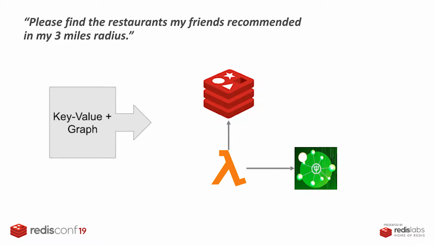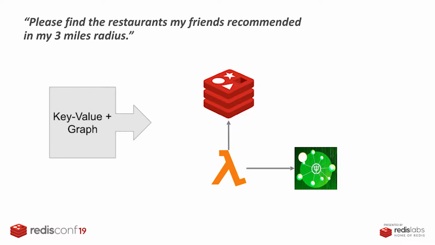So that's probably going to be the recommended solution if you're going with, I don't know, AWS or any of the cloud vendors that do not provide a multi-model database. They probably recommend this kind of solution: take a graph database, take Redis as a geolocation database, and take some Lambda that will synchronize between the two databases.